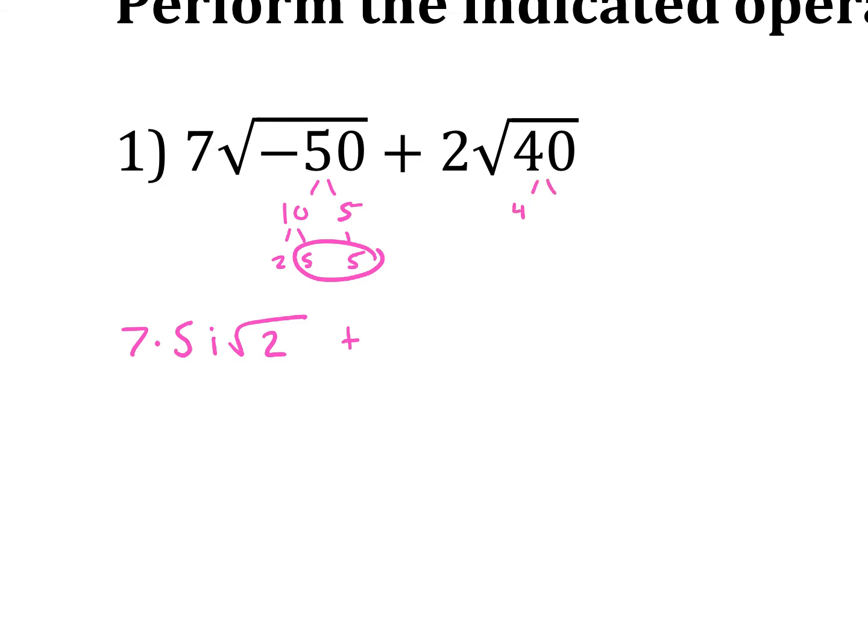And then I'm going to do the same thing with the other one here. I have 4 and 10. 4 breaks down into 2 and 2. 10 is 2 and 5. What can I take out? I can take out 2's. So this would be 2 times 2.